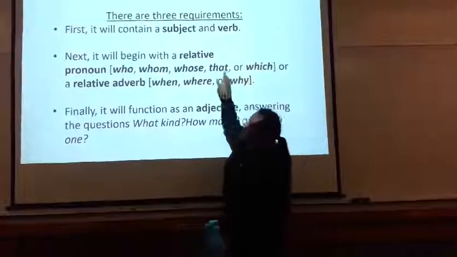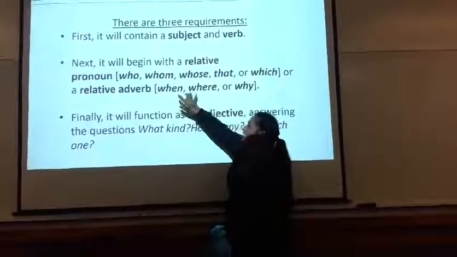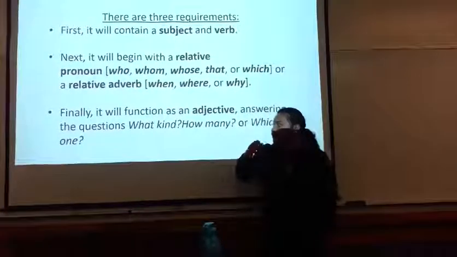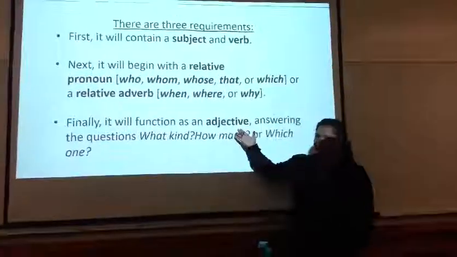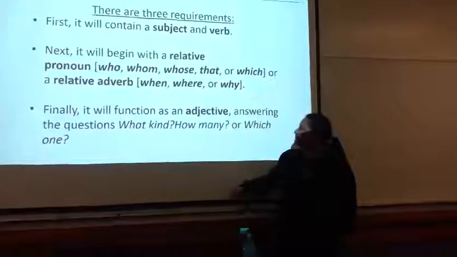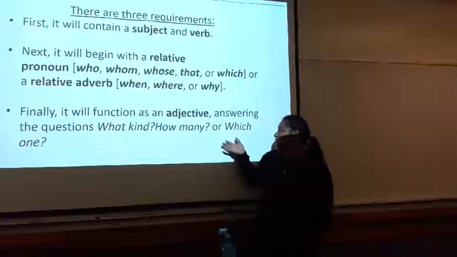Or it begins with a relative adverb, which is when, where, or why. Finally, it will always function as an adjective, answering the question what kind, how many, or which one.